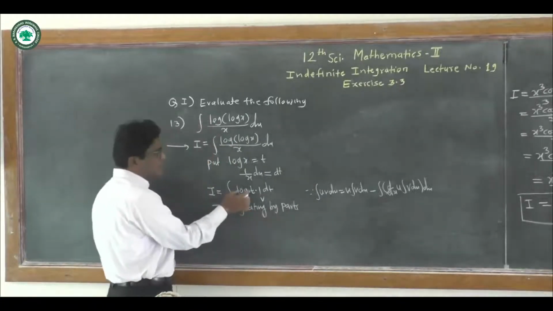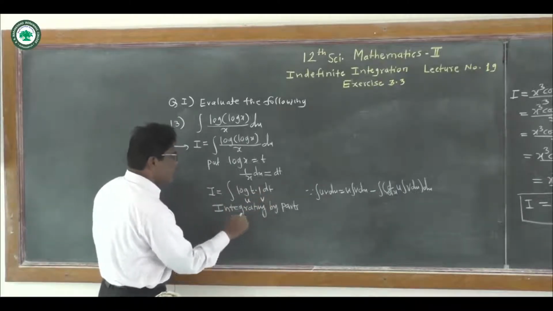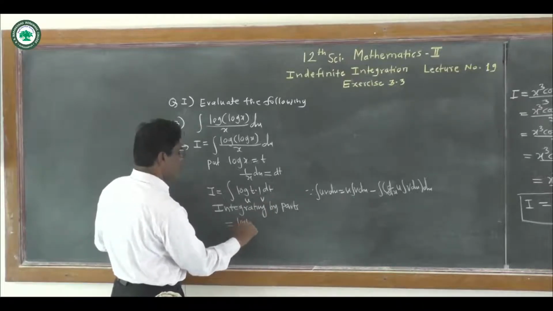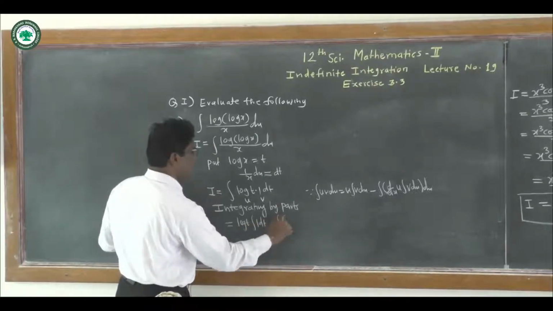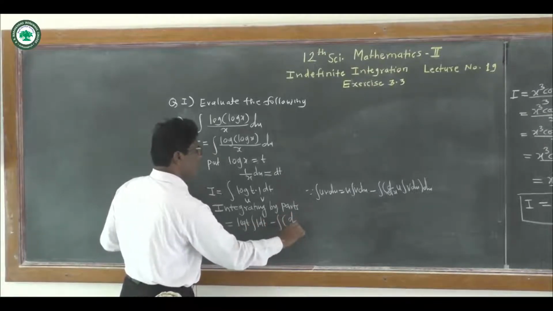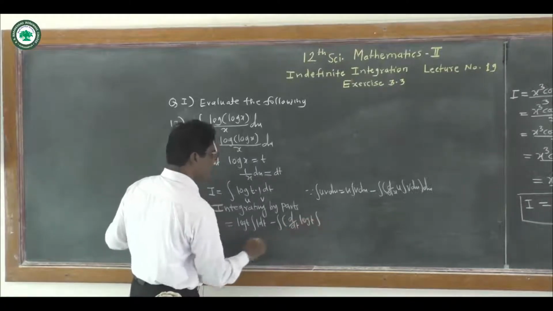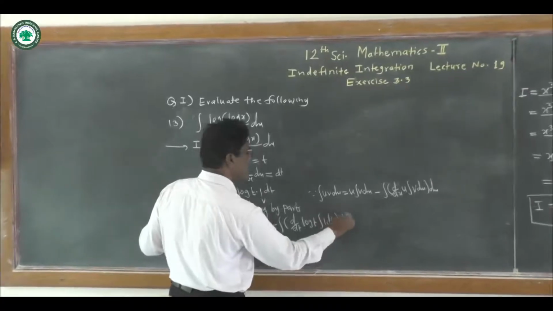So here log t is u and 1 is v, and therefore u into integration of v, that is log of t into integration of 1 dt minus integration of d by dt of u, that is log of t into integration of v, that is integration of 1 dt, and again write this dt.